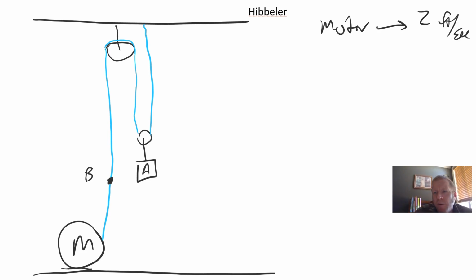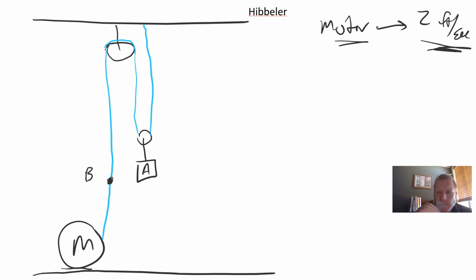So this motor draws in at 2 feet per second, which is a velocity. He may also tell you that the motor causes an acceleration of some number of feet per second squared. Just deal with it like you would deal with any other motion.